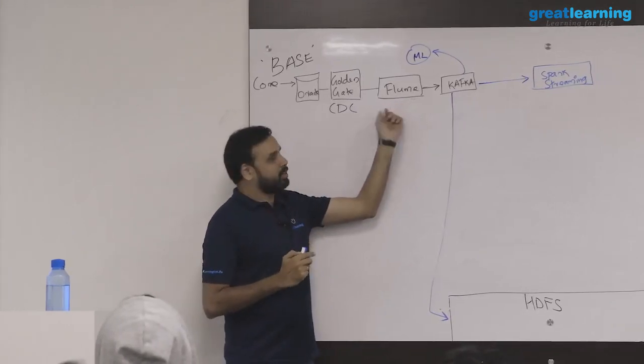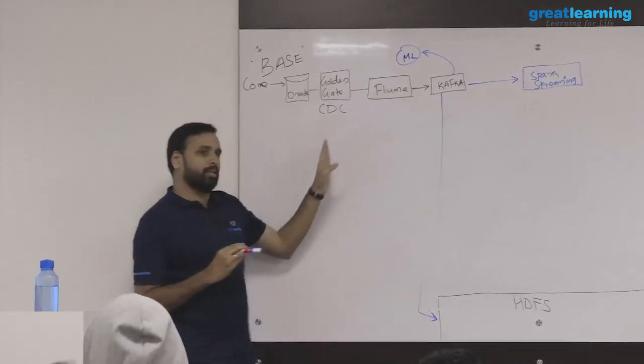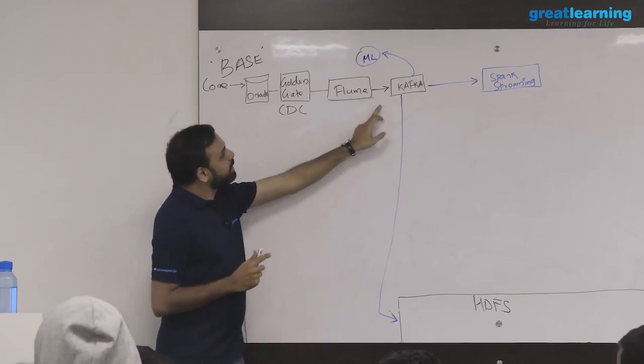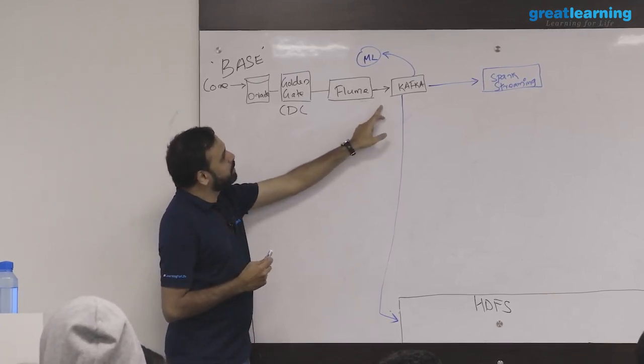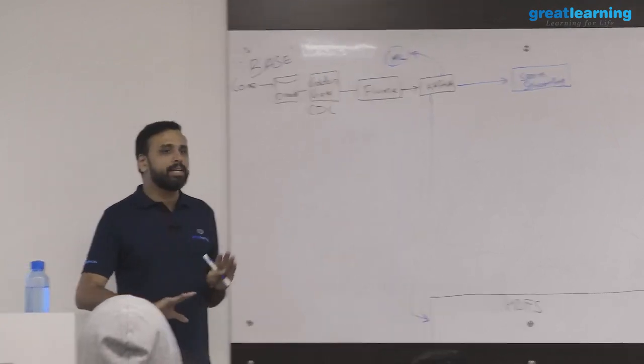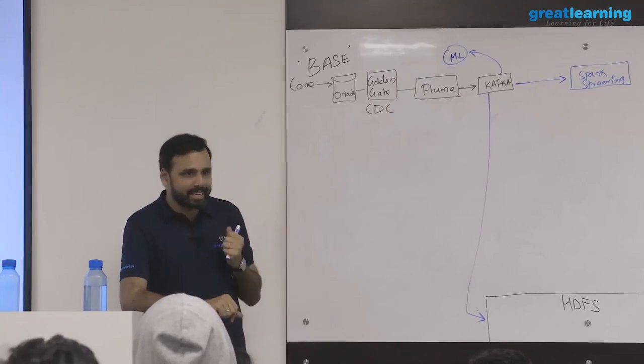There is a reason. This is in 2012 or 13, and the architecture has changed since. Kafka is based on a push approach, meaning somebody should push the data to Kafka. It cannot get it.